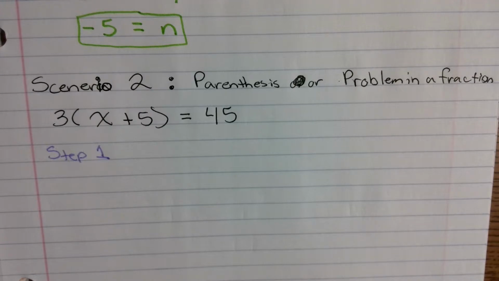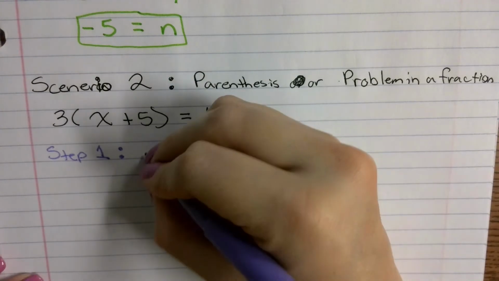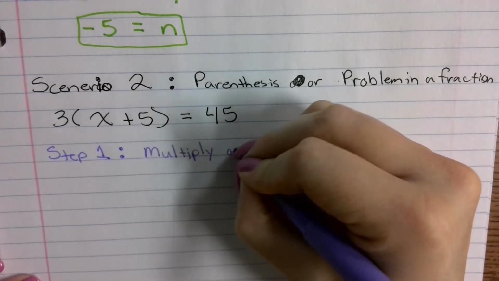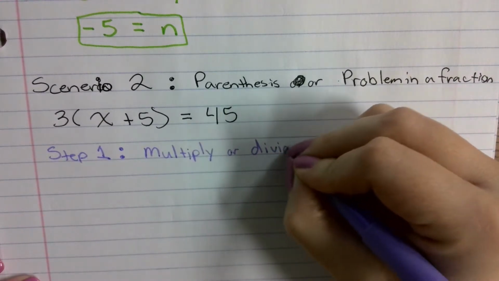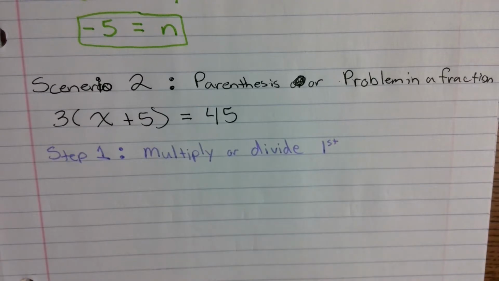The other ones I did in pink and green. These ones I'm going to do in purple and orange so that we can see that there's a difference in the way we solve them. So for step 1, you're going to multiply or divide first.